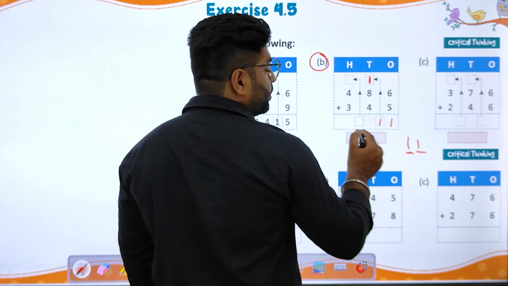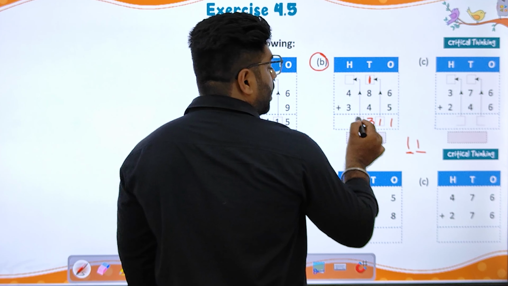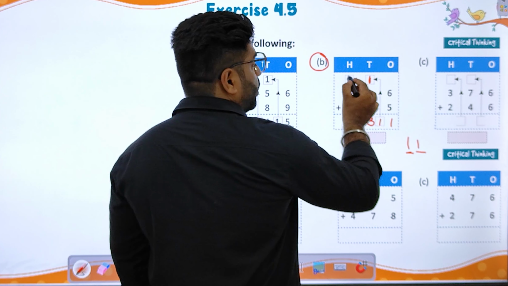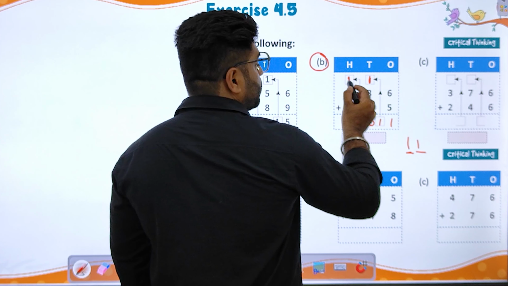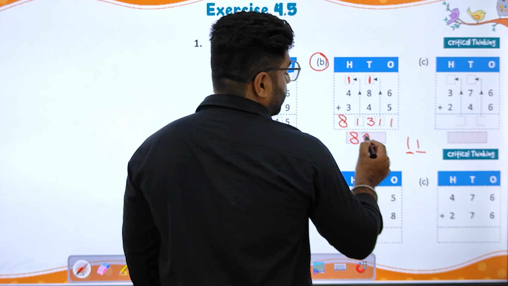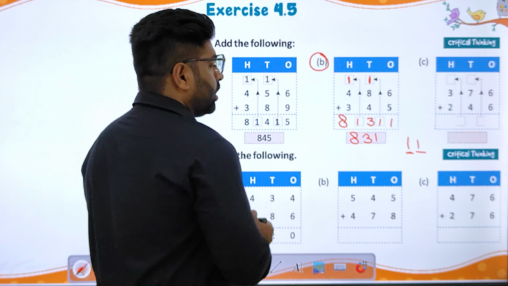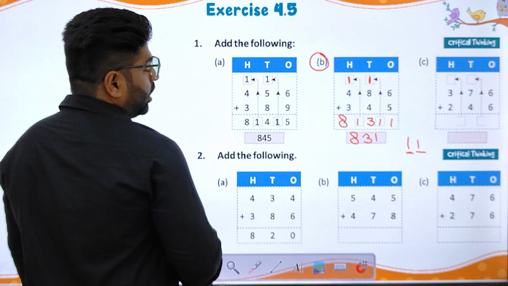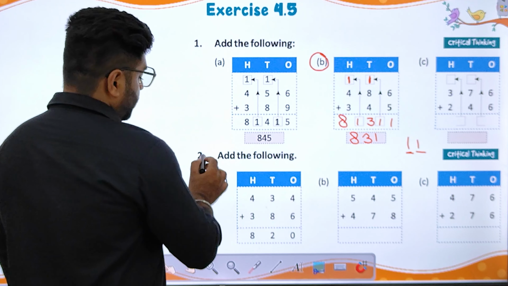So 13, again a 2-digit number. So we are writing 3 here and 1 in the box, and 1 is going to carry here. So 4 plus 1, 5 plus 3, 8. So the answer is 831. Clear?